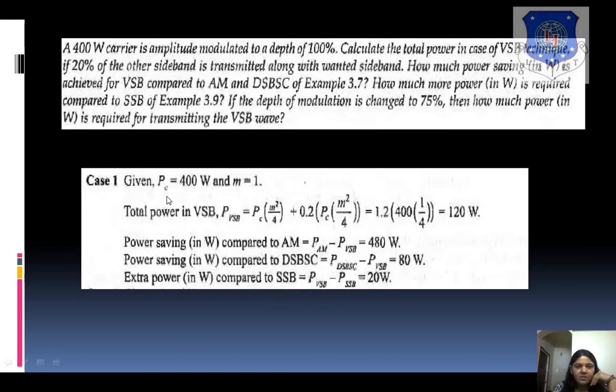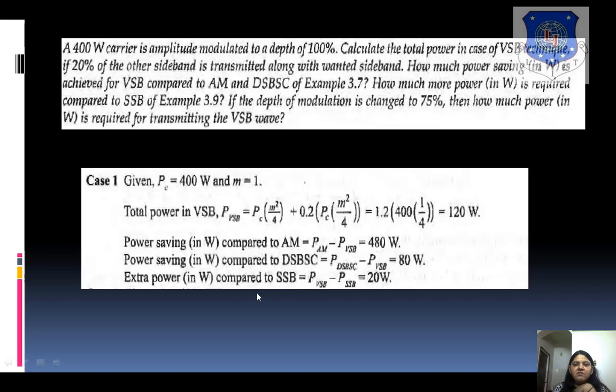So here PC is 400 watt and small m is equal to 1. Total power in VSB, PVSB, is equal to PC into m square by 4 plus 0.2 in bracket 1 PC in bracket m square by 4. By solving it, 1.2 into 400 into 1 by 4 is equal to 120 watt.